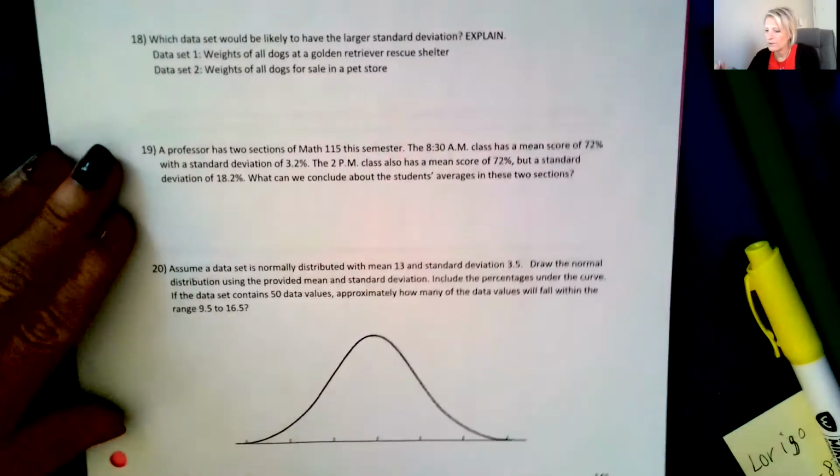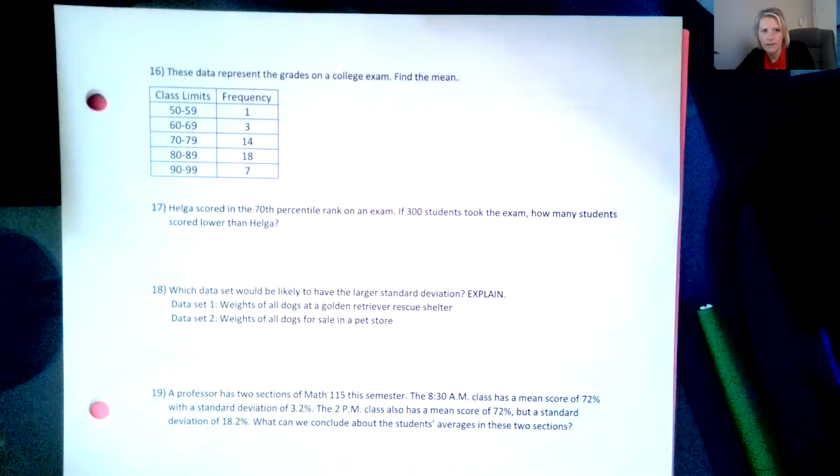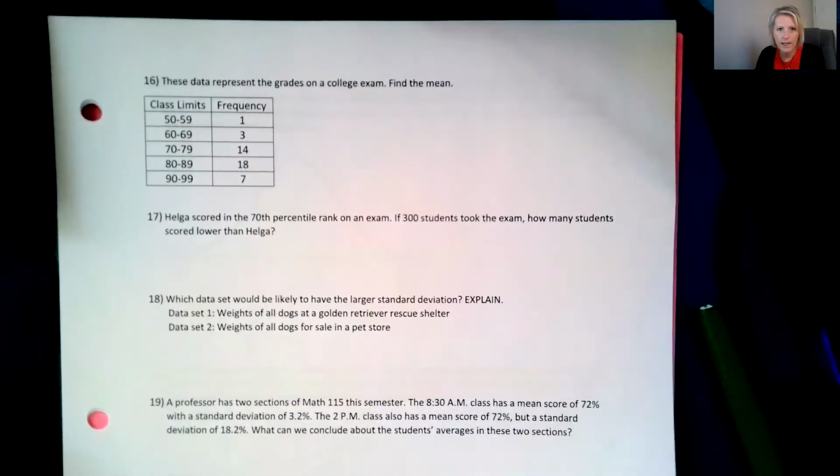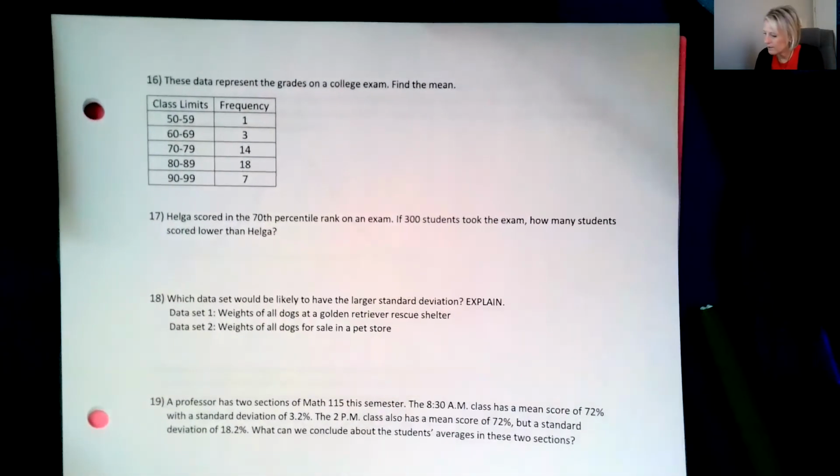Let's move on to the next page here, question 16, at the top of page 141. It says, these data represent the grades on a college exam. Find the mean.